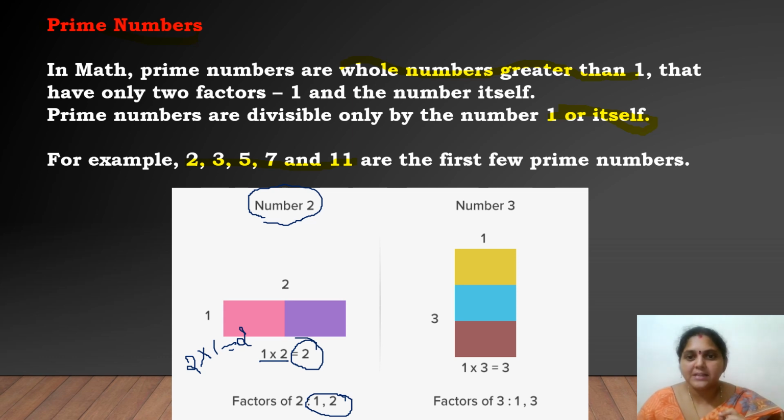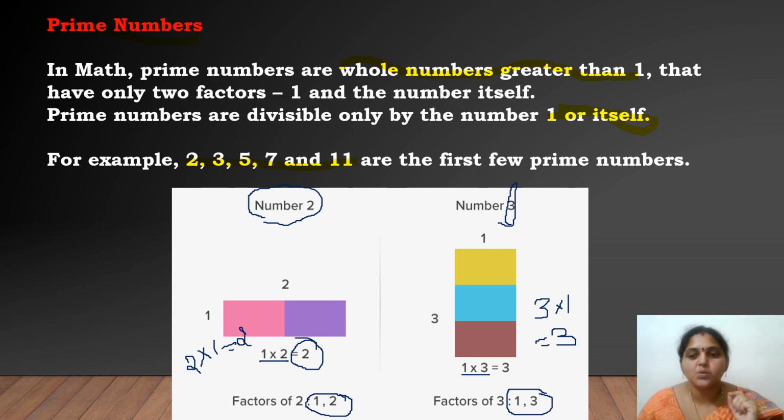I'll tell you one more example, the number 3. Can you see the number 3 in any table other than 1 and 3? 1 into 3 is equal to 3, and 3 into 1 is equal to 3. Can you find any other tables that give 3? No. So what are my factors of 3? 1 and 3.